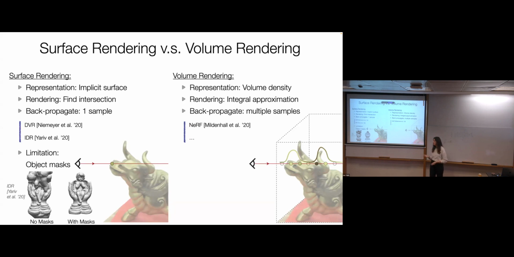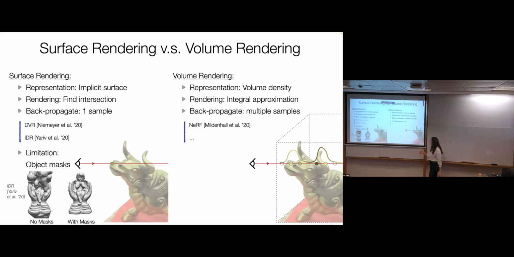The reason we need that is because in surface rendering, our loss is defined only on the points that intersect, and we cannot model the rendering of a point that is not intersecting the surface. So we need to reason only about the points that are intersecting, and this is why we need a mask.